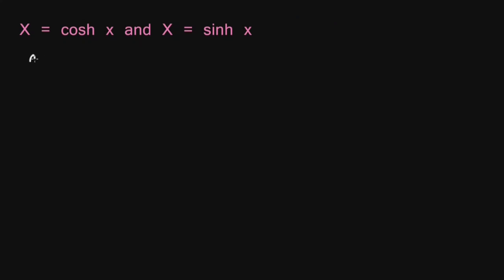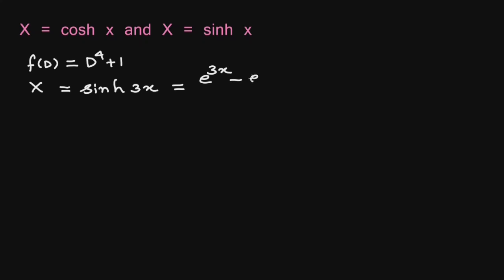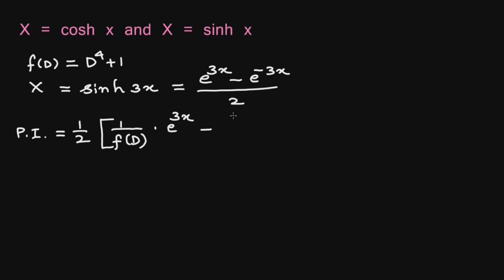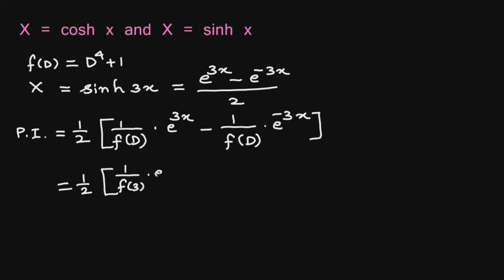Again we have f(D) equals D raised to 4 plus 1 and X equals sinh 3x, again a hyperbolic function, which we know is (e raised to 3x minus e raised to minus 3x) upon 2. So the particular integral will be half 1 upon f(D) e raised to 3x minus 1 upon f(D) e raised to minus 3x, which is half 1 upon f(3) e raised to 3x minus 1 upon f(minus 3) e raised to minus 3x.